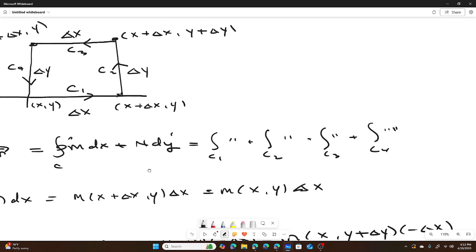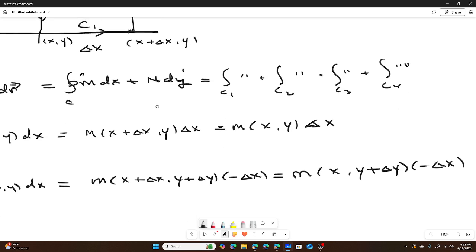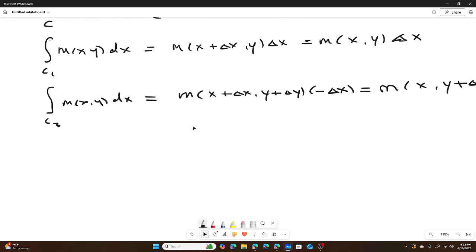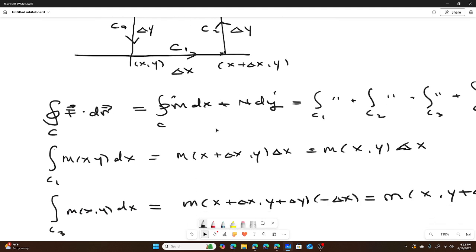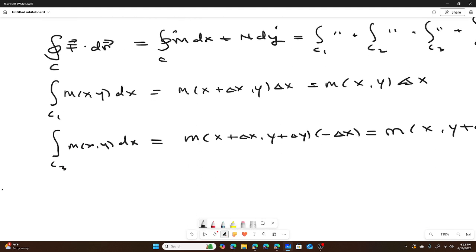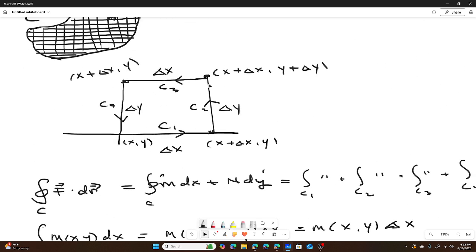So let's see. Yeah, this is it. Let's look at C2. Because C2 is really changing in the y direction, we don't really have to care about the m part of the vector field. We only have to focus on the n part of the vector field.